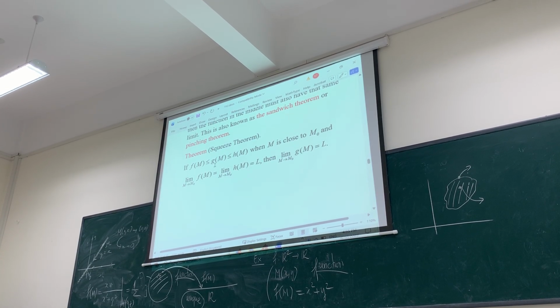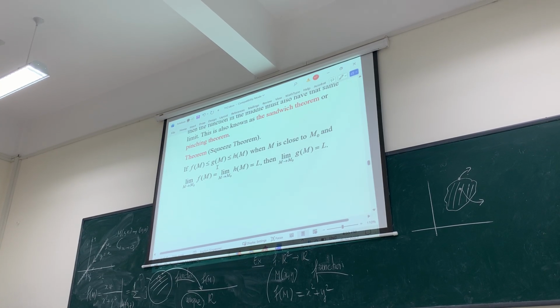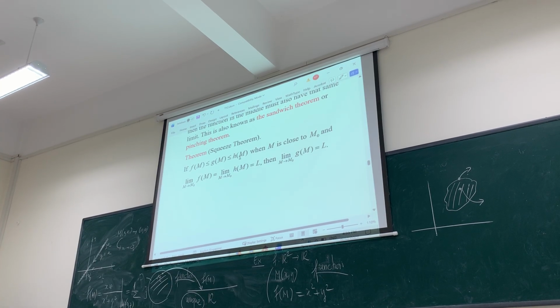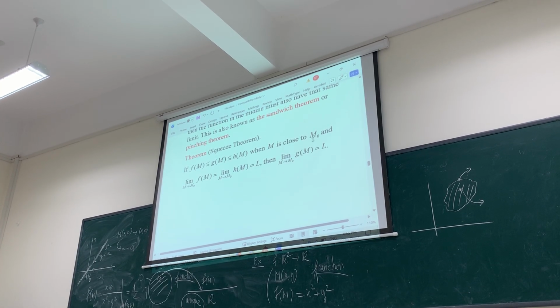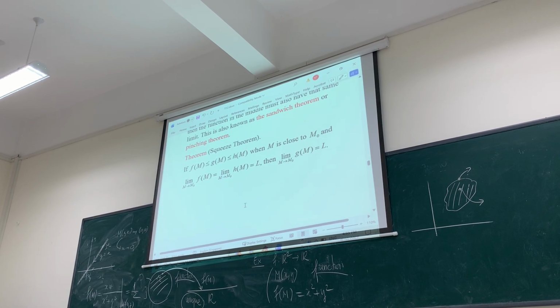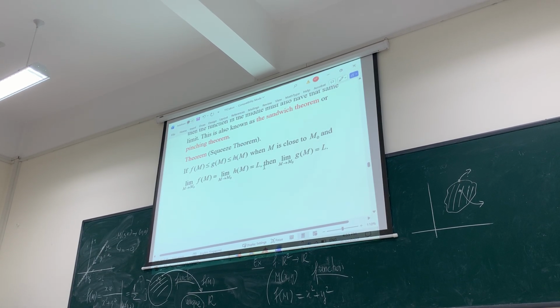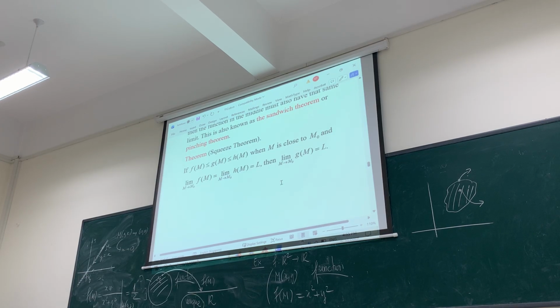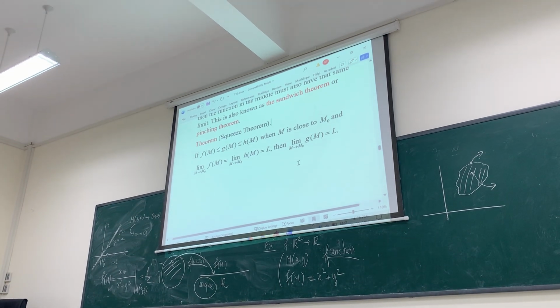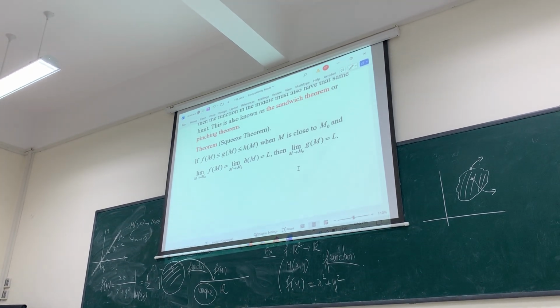The function is squeezed between the functions f and h. When M tends to M0, if the functions f and h have the same limit, then the function squeezed between them has the same limit. Okay, the content of the two terms.